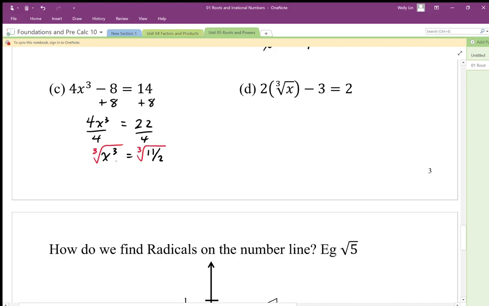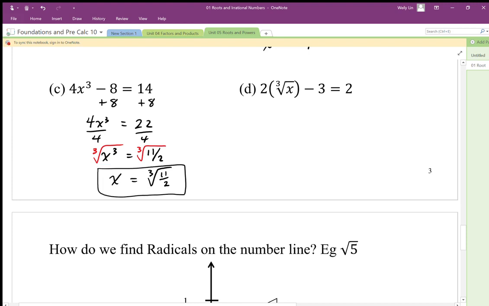Okay, not a square root, but a cube root. I have to be careful because those are slightly different. So I end up with the cube root of 11 over 2. Okay, and this is the answer that I want.